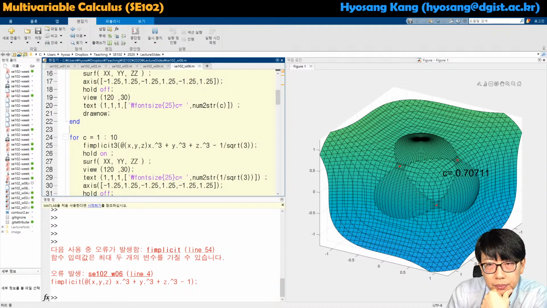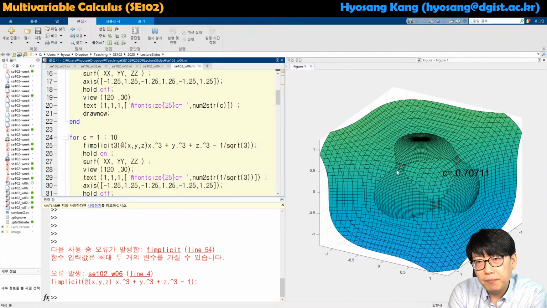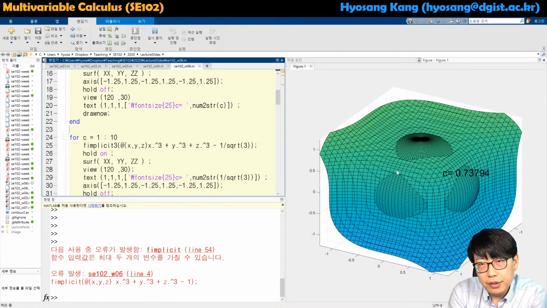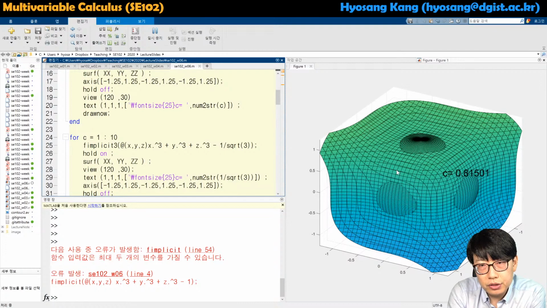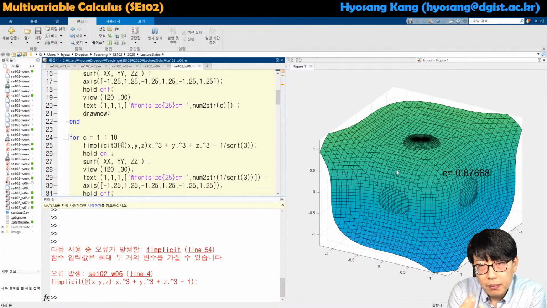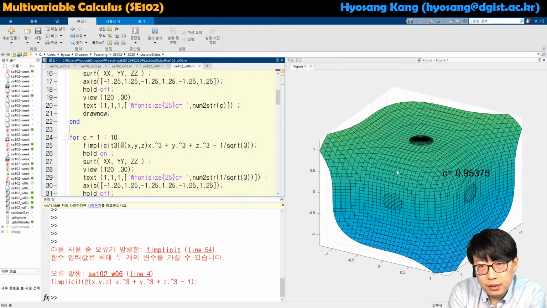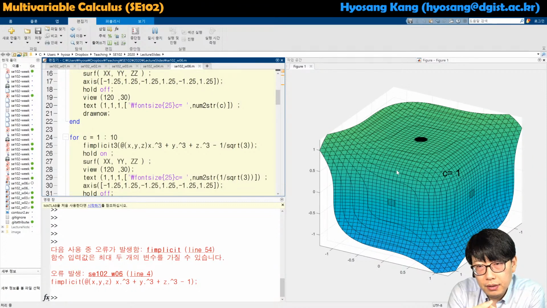I also marked them as red, and then I keep increasing my c. There are still intersections, but until I get c, there is no touching. When I get c, there are all 3 touching points, as I showed before. If I keep increasing my c, there's no touching, so no point can get a function value bigger than c.